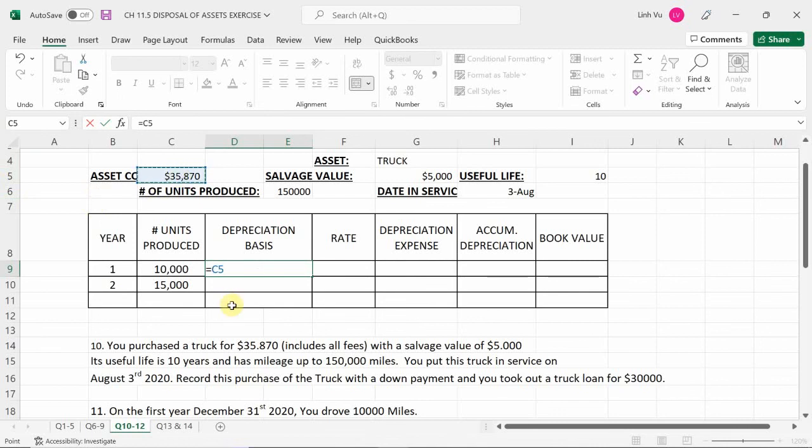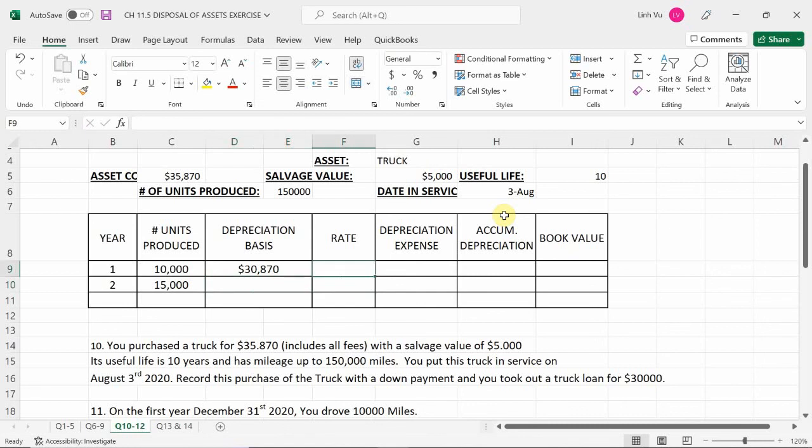Yes. Minus your salvage value. So what is my number here? $30,870. Okay. Now I need to solve for my per unit rate.